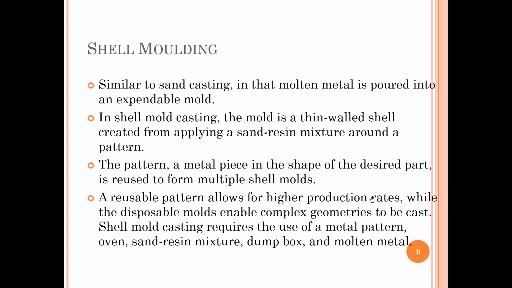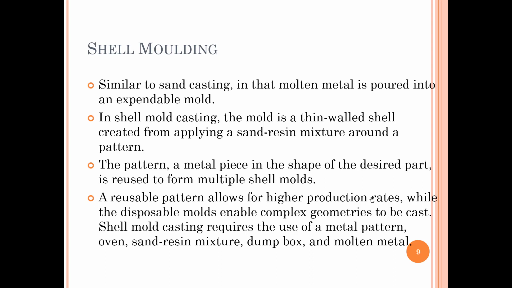In shell mold casting, the mold is a thin walled shell created by applying a sand resin mixture around the pattern. The pattern, a metal piece in the shape of the desired part, is reused to form multiple shell molds. So the pattern can be reused, while the mold is expendable.